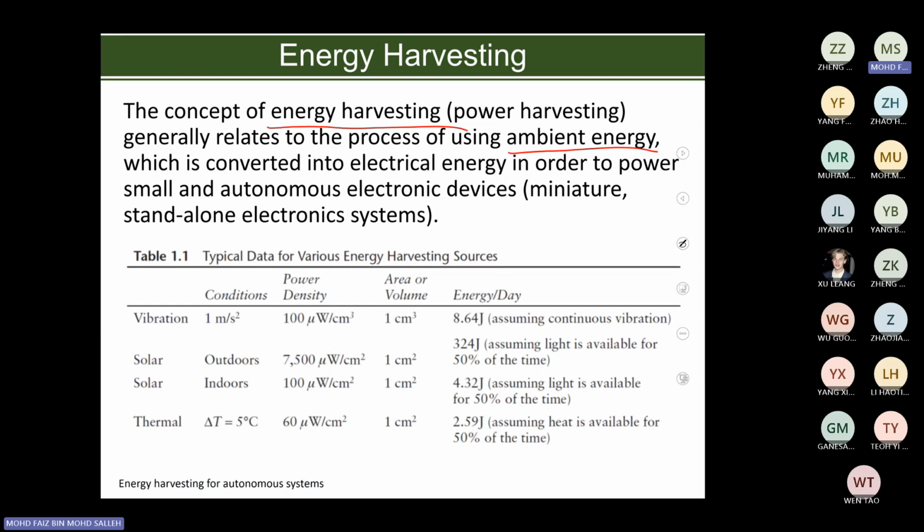So when we talk about ambient energy, you can see over there, we can have vibration. We can have electromagnetic energy, which is solar radiation. And then we can have heat, thermal.